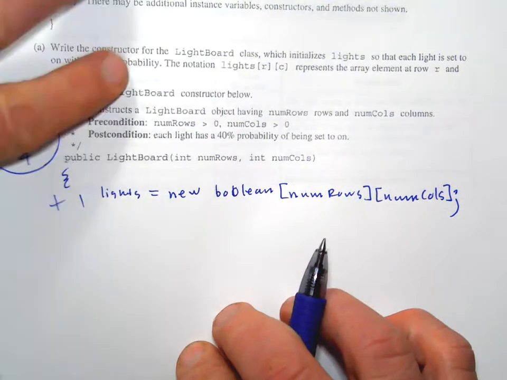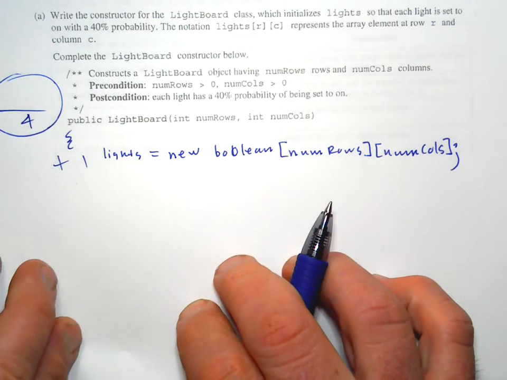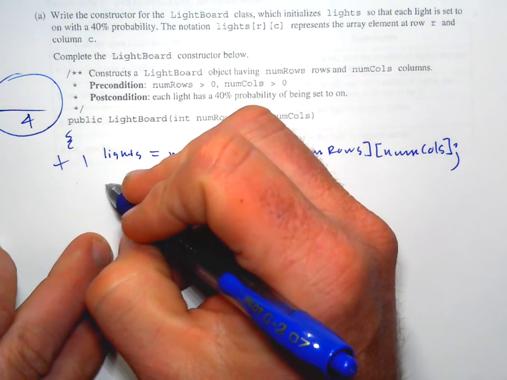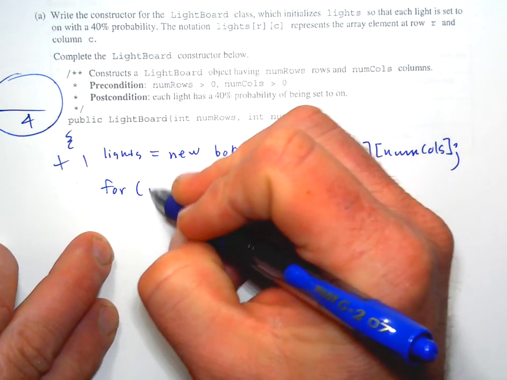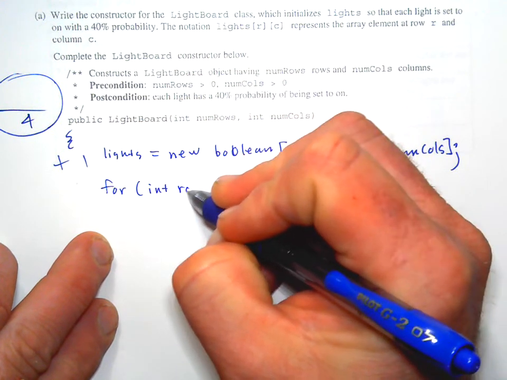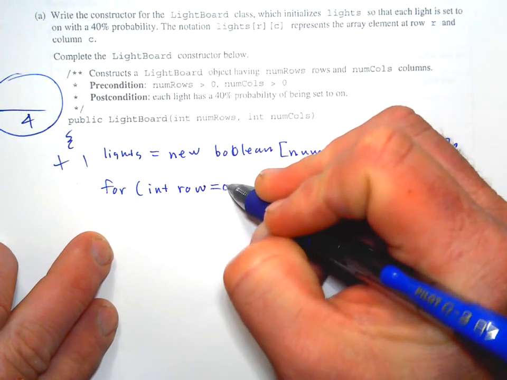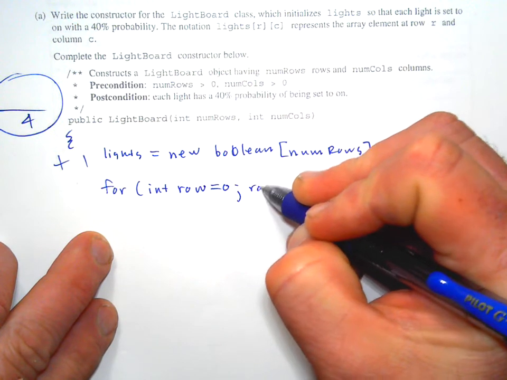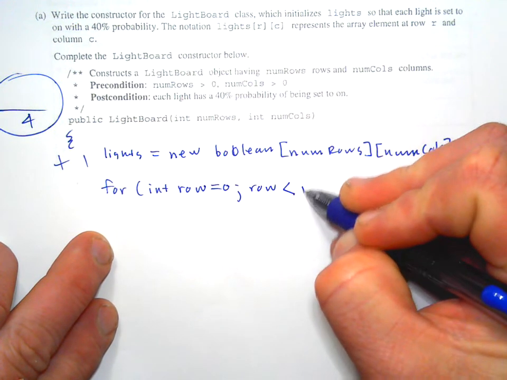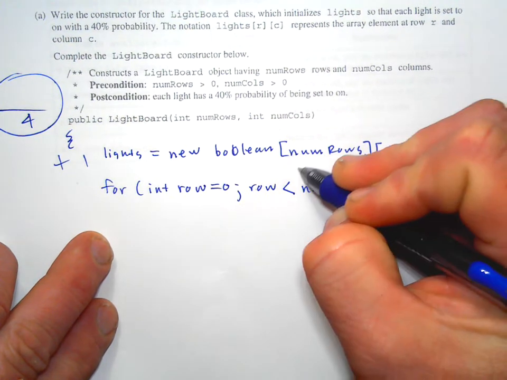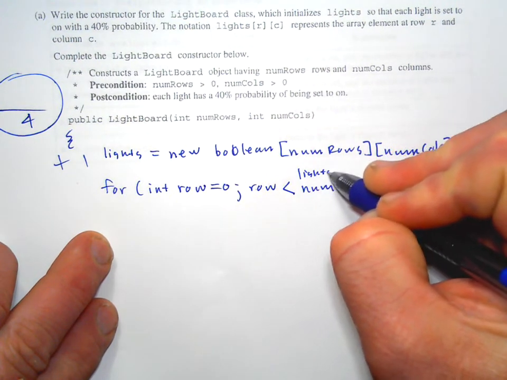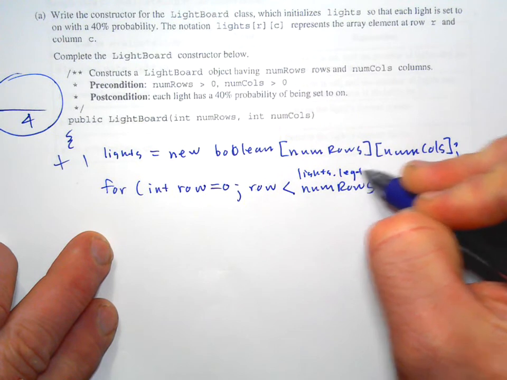So next we need to fill it. We're going through a 2D array, so we have to do nested for loops, row major or column major order. But generally we do row major. So I'm going to say int row equals 0; row is less than numRows, or you could say lights.length, either one.